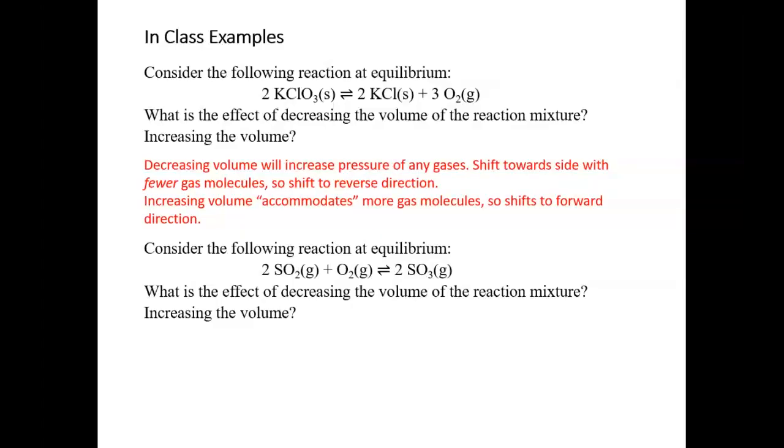What about the next one? Here's this reaction. If I decrease the volume, which side is going to get shifted towards? How many moles of gas do I have on my reactant side? 3. Product side, I have 2. Okay. So if I decrease the volume, that means the pressure is increasing. It's going to shift towards the fewer side, which is to the right, to the products, forward direction, any of those words.